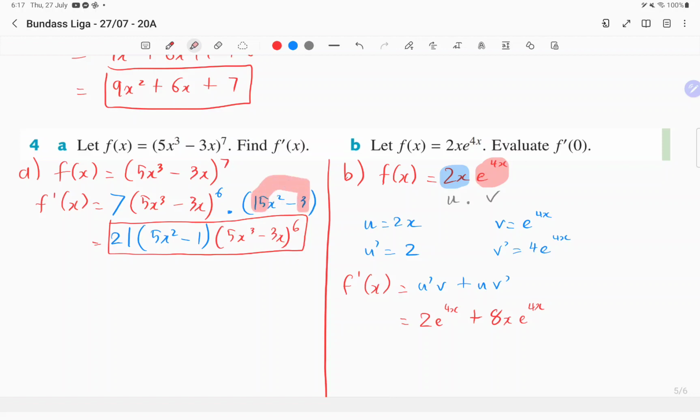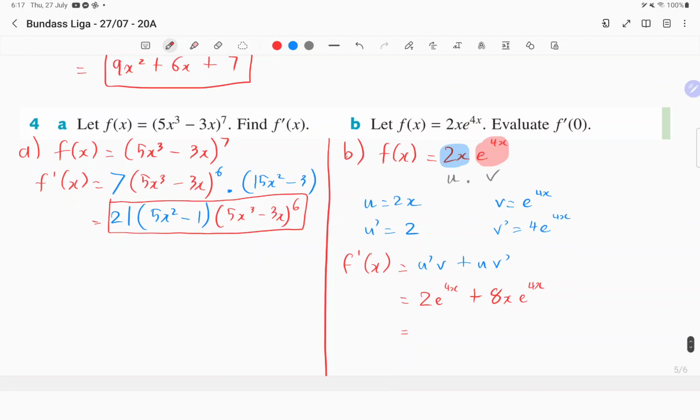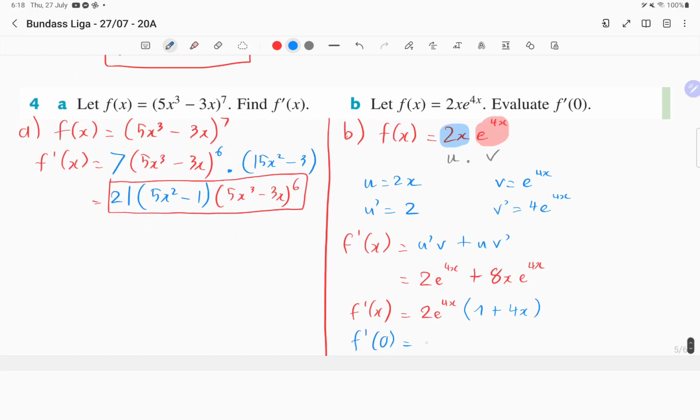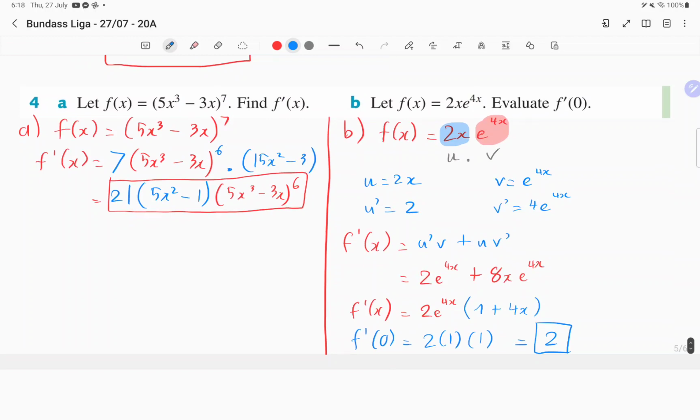Oh. All right, that's the answer for question 4, A and B.